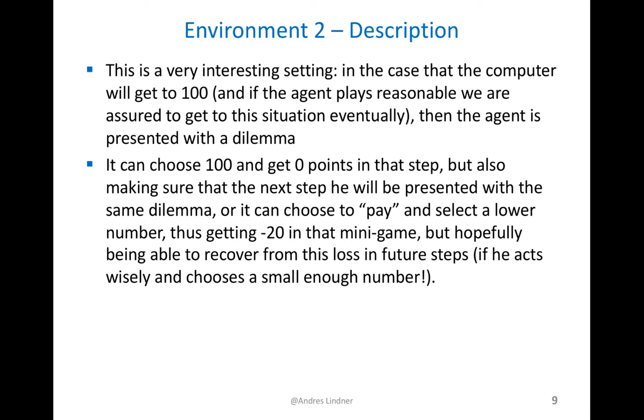Okay, so this is a very interesting setting in the sense that the computer at some point will get to 100 if the agent plays reasonably well, and then at that point the agent will be presented with an interesting dilemma, okay, because it will be able to choose 100 and get 0 points in that step, but on the other hand it may decide to play minus 20 in that particular game, so just a lower number than 100, with the hope of recovering from this negative score in future steps by selecting higher numbers in future cycles.